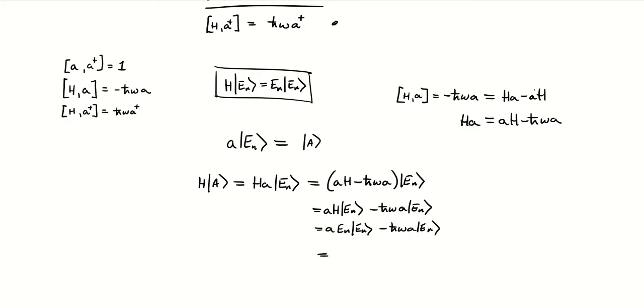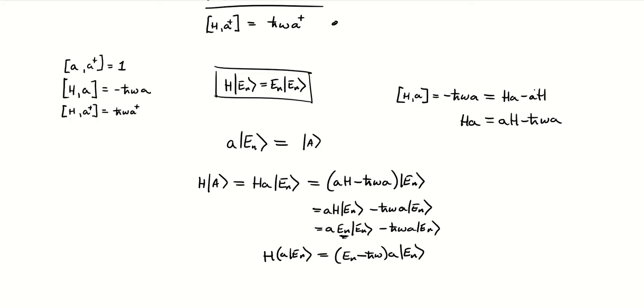And then since this E sub n here is now just a scalar, we can factor all these things out and we get the energy eigenvalue minus h bar omega times the lowering operator acting on E_n. And recall, this whole thing was just H acting on that ket A, which was A times E_n.